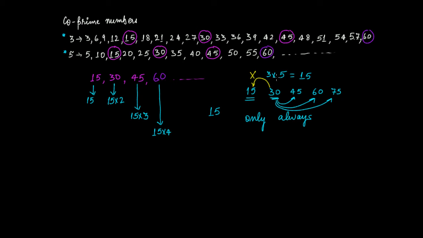In this case we have 3 and 5, so 15 is the first common multiple, and all the other common multiples can be calculated from the first one. The second common multiple will be twice the first one, the third common multiple will be thrice the first one, the fourth common multiple will be 4 times the first one, and so on.